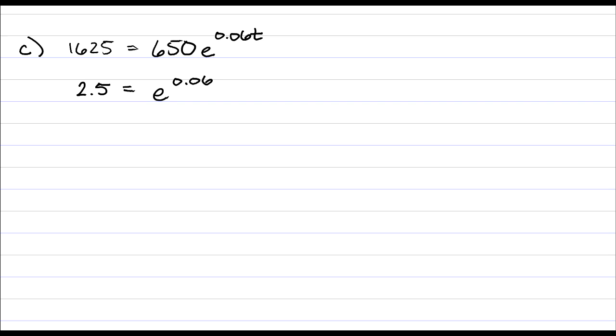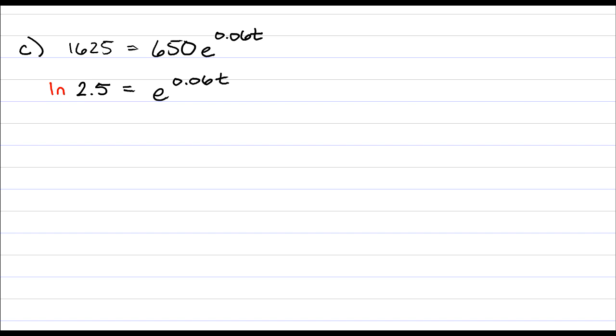Part C, we want to know how long it takes for the account to grow to $1,625. So it's the same exact process, just with different numbers. I divide both sides by 650. 1,625 divided by 650 is 2.5. So I get 2.5 equals e to the 0.06t.